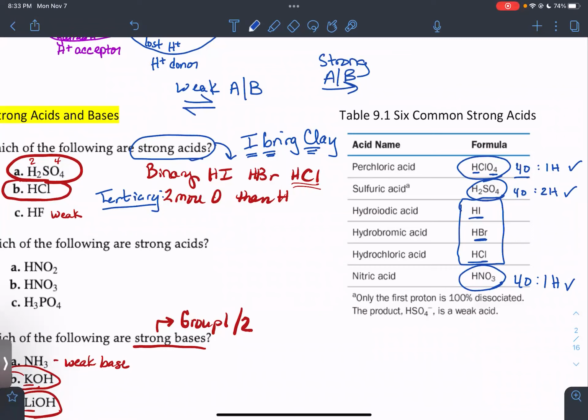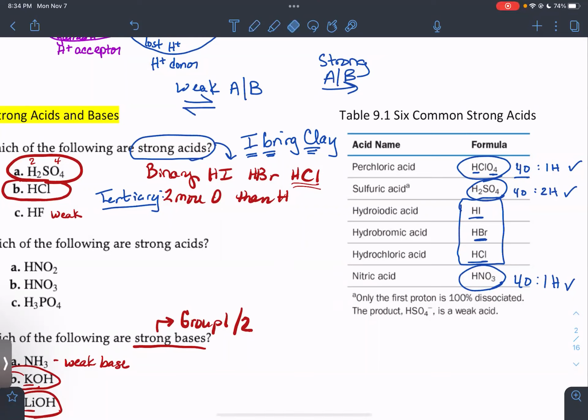You could look at other ones and you could see that they don't, like, for example, H3PO4. Here I have 4 oxygens and I have 3 hydrogens. So I have 1 more oxygen than hydrogen, so it is not strong. So it's just a good example.